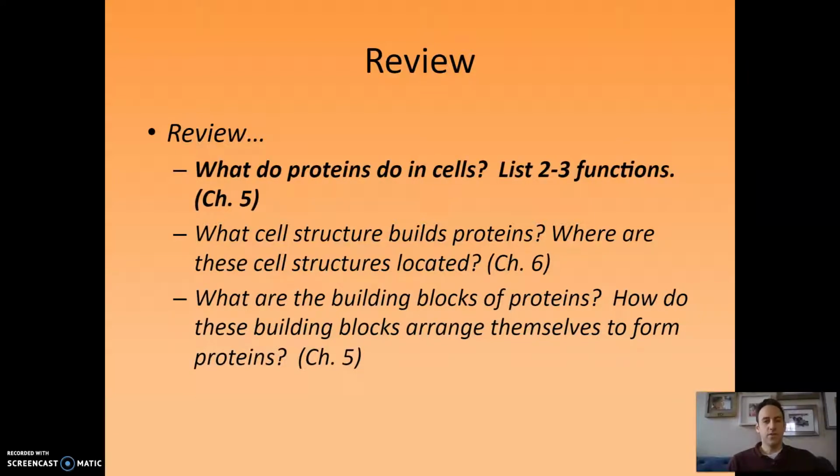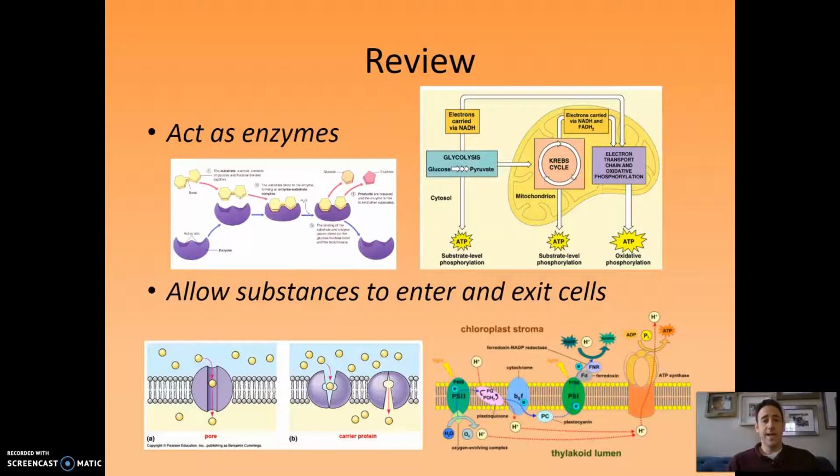So what do proteins do in the cells? List 2 to 3 functions. The answer is they do a lot. Big ones that we've discussed is they act as enzymes. And we saw that basically every step of glycolysis and the Krebs cycle was carried out by an enzyme. The electron transport chain is basically this collection of proteins in the membrane of the mitochondria that help carry out reactions.